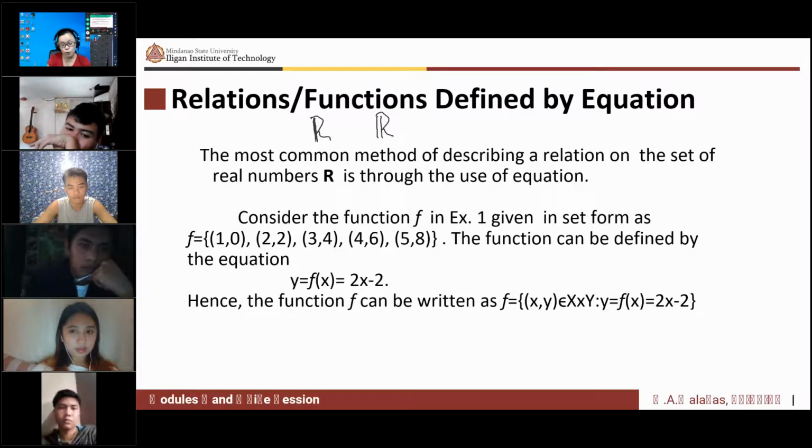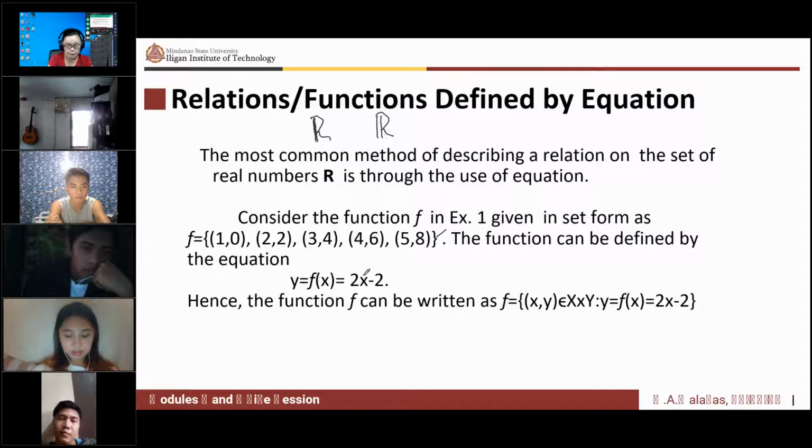So if you go back to example 1, given in set form, the function f can be defined by the equation y equals 2x minus 2. Take note that when x is 1, you have 2 times 1 minus 2, so our y is 0. If x is 2, 2 times 2, 4 minus 2, that's 2, so you have (2, 2).